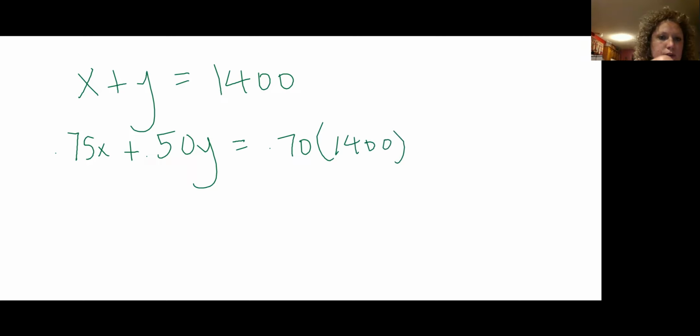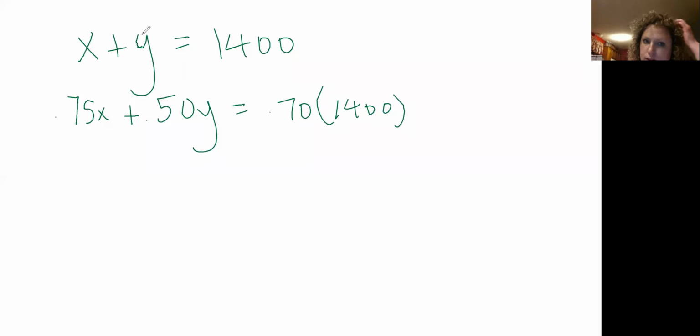Okay, so the first equation represents total pounds. And the second equation represents how much protein out of all those pounds was in this mixture. So just thinking about it, we have a 75% mixture, a 50% mixture, and we're trying to get a 70% mixture.